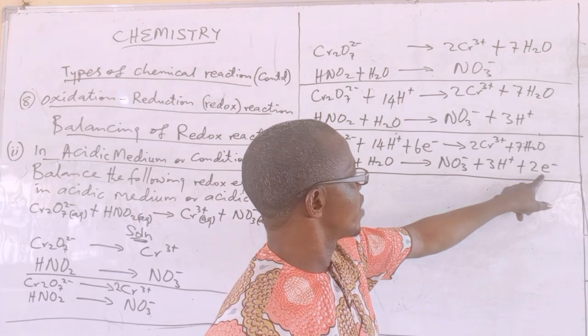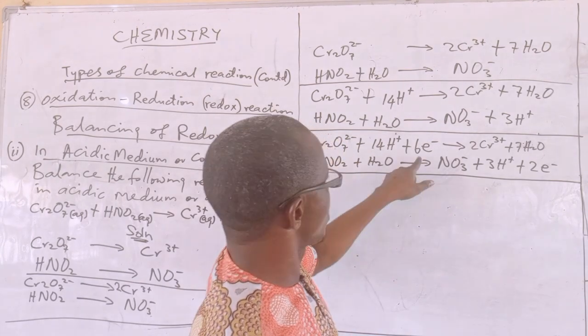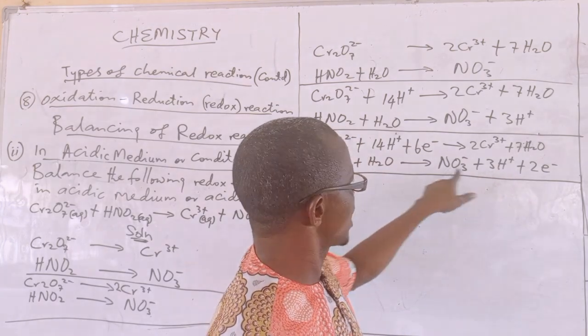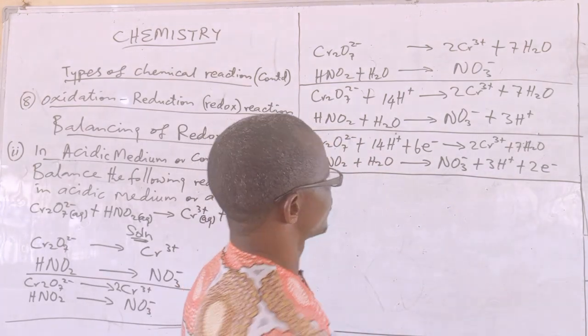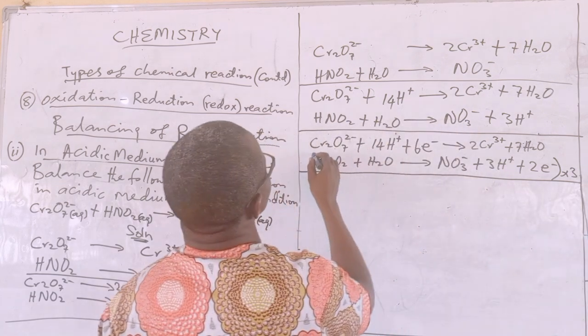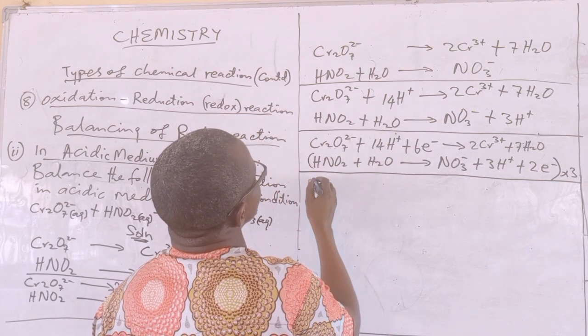So here, if I multiply this by 3, I will have 6. So that 3, I will not only multiply this, I will multiply all the coefficients of this value. So if I say times 3, I will now have the first equation.